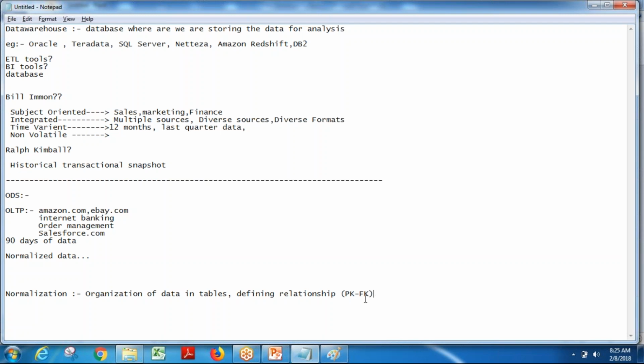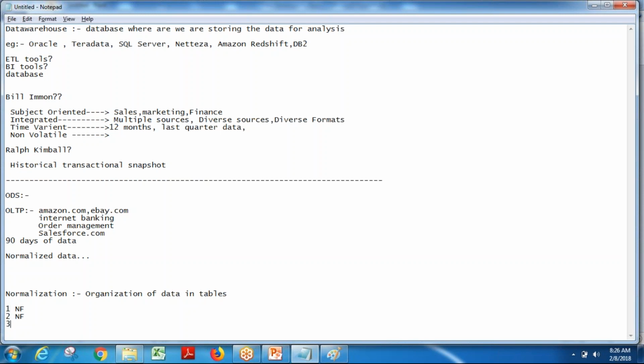But normalization is nothing but the organization of data in the form of different tables. Normalization follows certain rules. I'm not going into detail about it, but for example, there is what is called the first normal form, where you follow a certain rule and then define the data structure or organize the data.